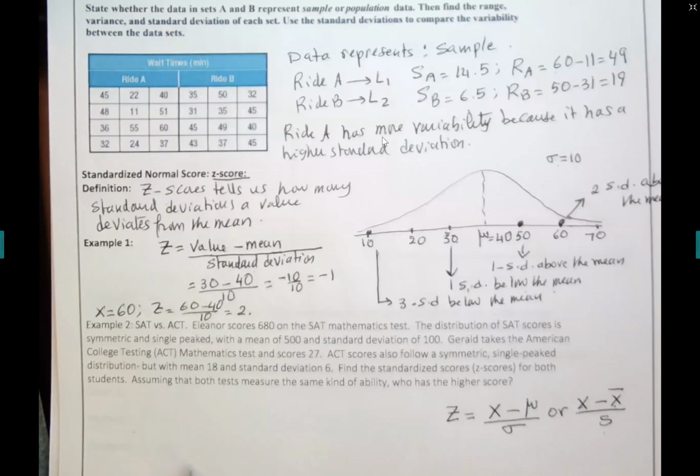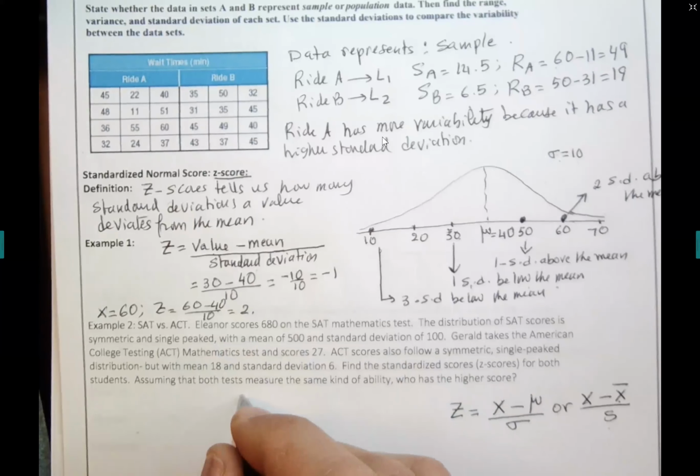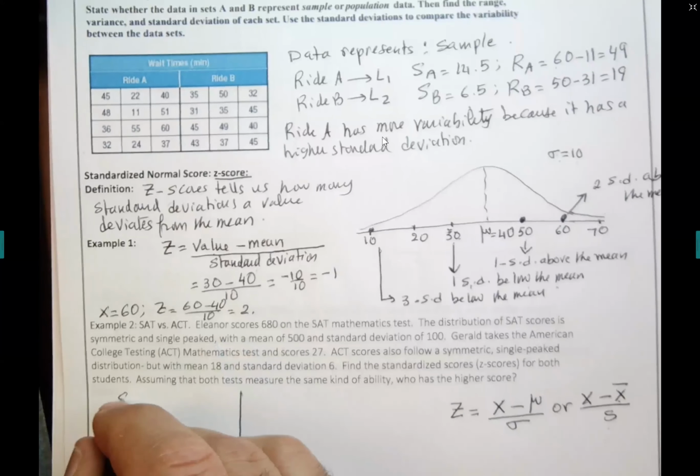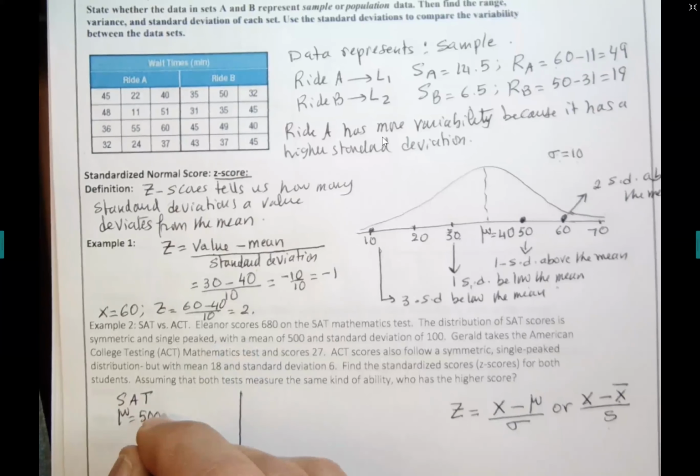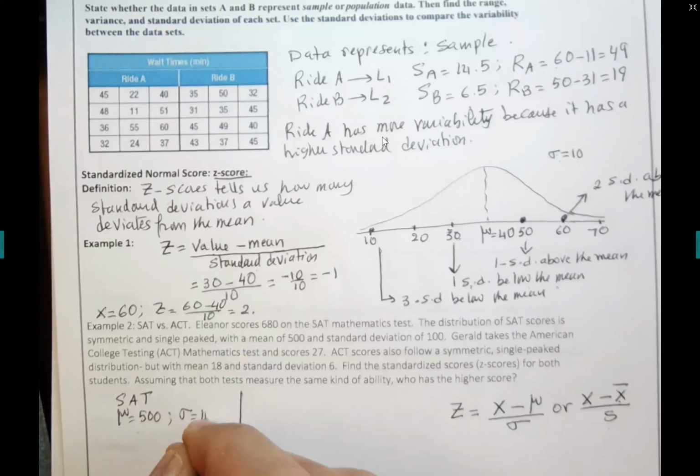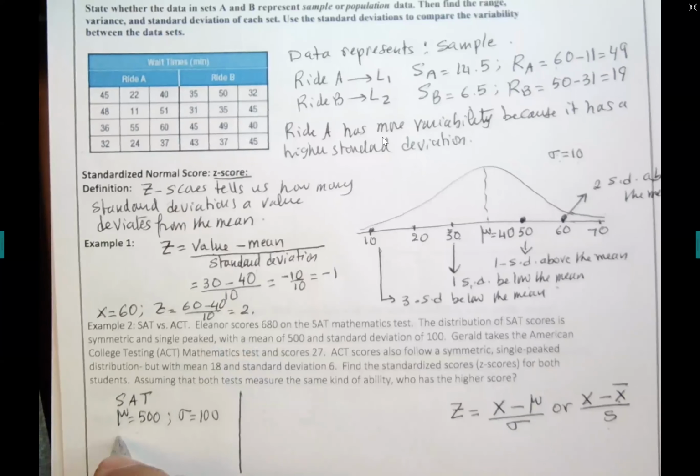So let's read this one. Eleanor scored 680 on the SAT test. The distribution of the SAT scores is symmetric and single peak. That means it's bell-shaped, with a mean of 500 and standard deviation of 100. So let me write down the information. SAT: mean is 500 and standard deviation is 100. And Eleanor's score was 680.